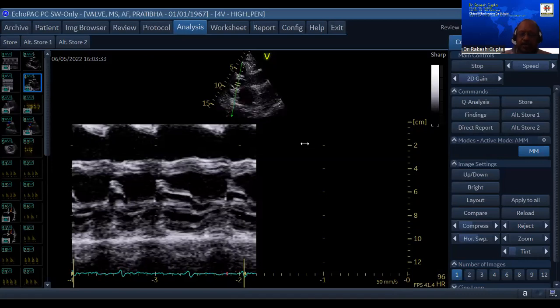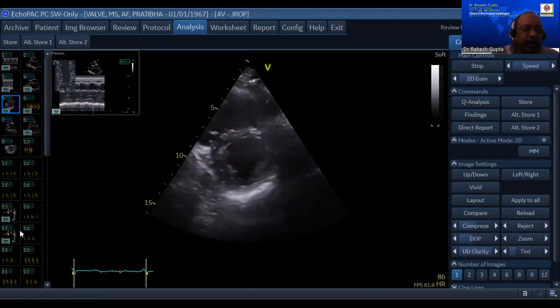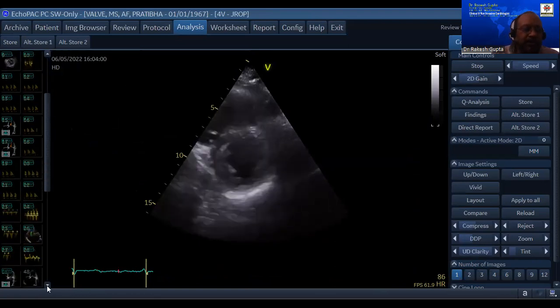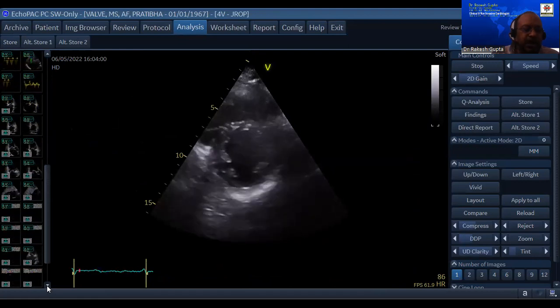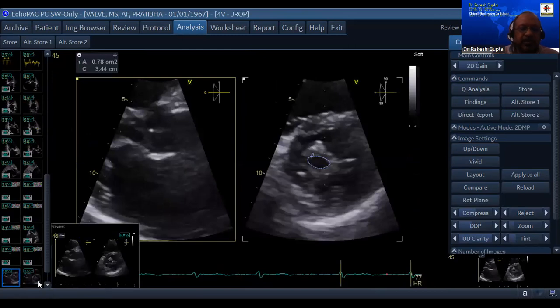But Manik, tell me the next, what else do you look for in mitral stenosis? I look at the fusion of the commissures. Okay, so he's asking about fusion of commissures. How do we say there is a fusion of commissures? We go to the parasternal short axis view at the mitral valve level. So I have to go down to the mitral valve level to look for fusion of commissures.